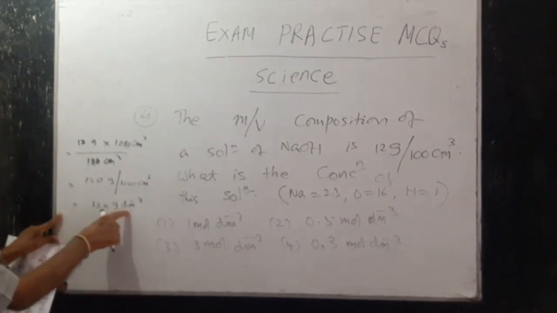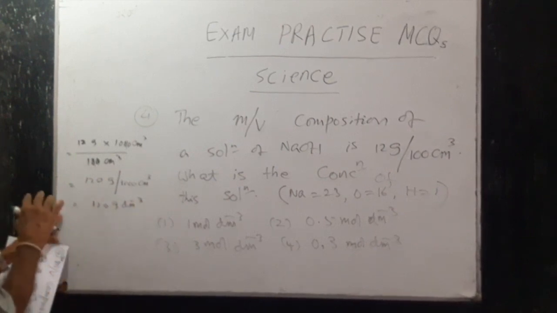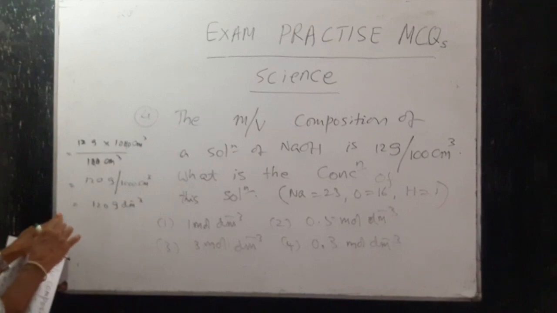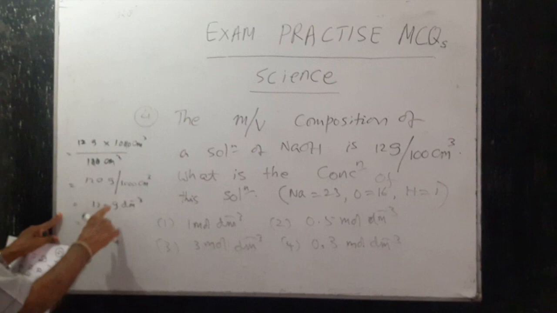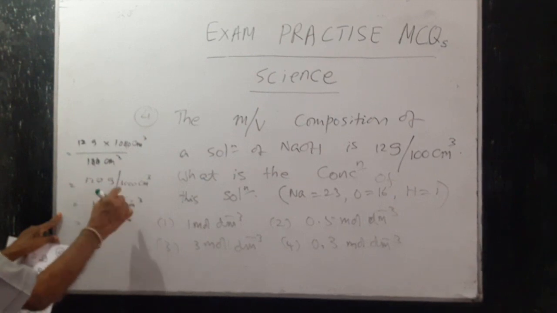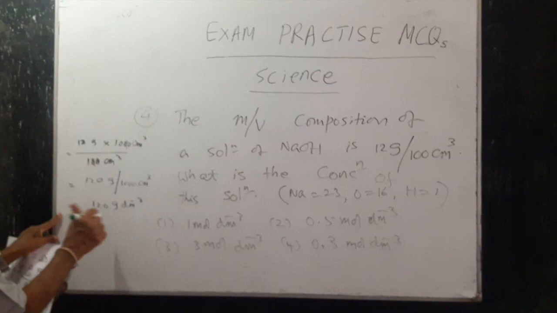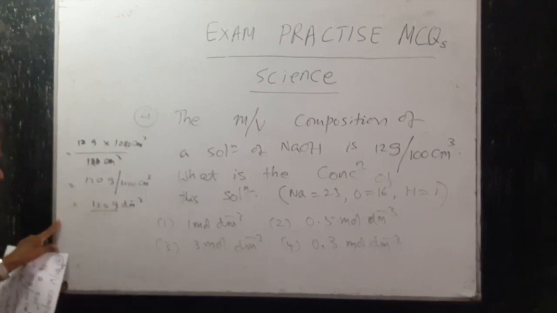120 grams per cubic decimeter, but to express the concentration, you have to do it in moles per cubic decimeter. Here in this 1000 cubic centimeters of solution, or 1 cubic decimeter of solution, you have 120 grams. Let us convert this into moles.